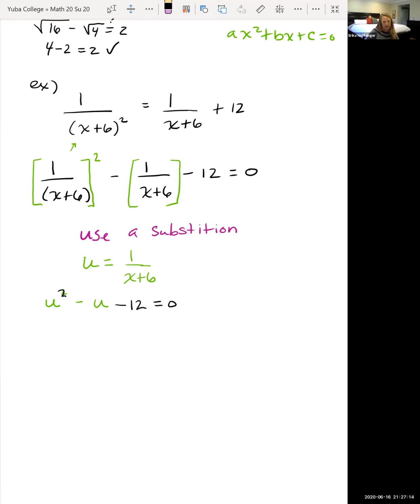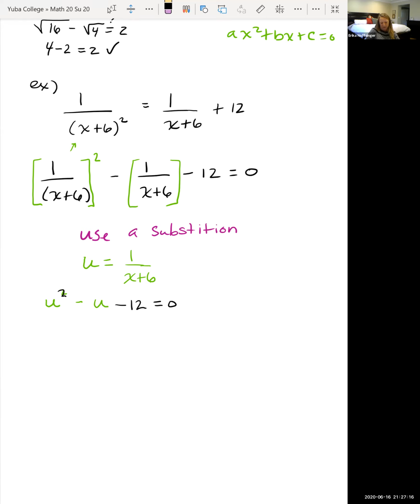And so now it's in a quadratic form. It's one that looks pretty easy for me to solve, where the other one, that equation we started with, looked a lot harder. And so notice that this is factorable. There's two numbers that multiply to give you negative 12 and add to give you negative 1. And so that would be negative 4 and a positive 3.